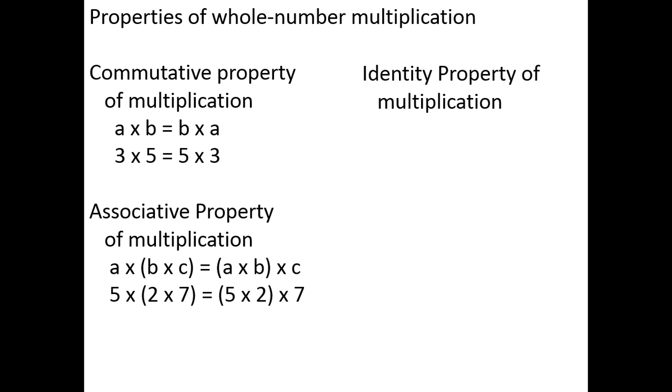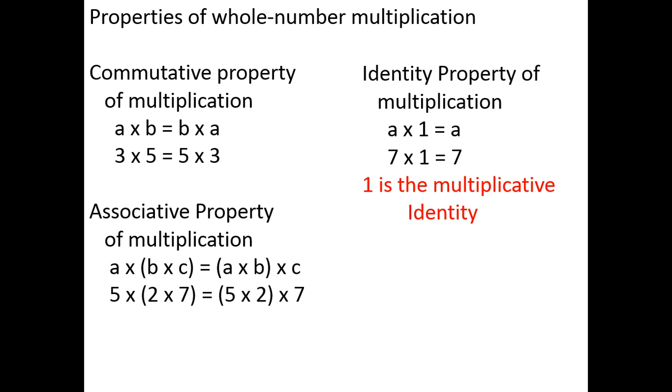There's an identity property of multiplication that says there is a number we can multiply any number by and get the same number we started with. And that number is the number 1, which makes 1 the multiplicative identity.